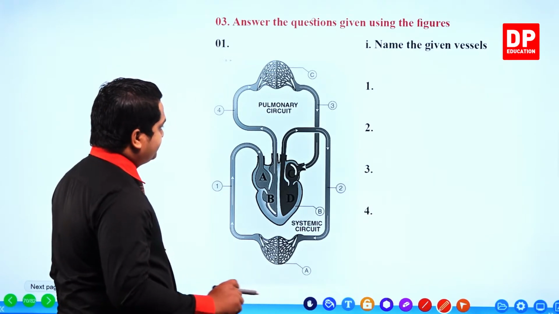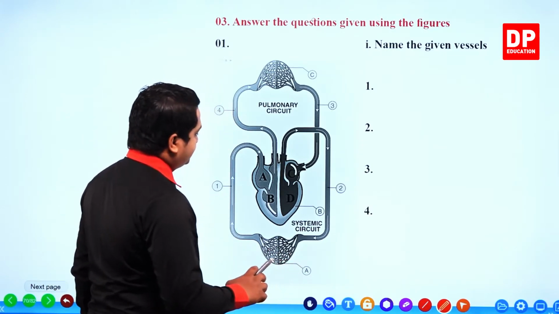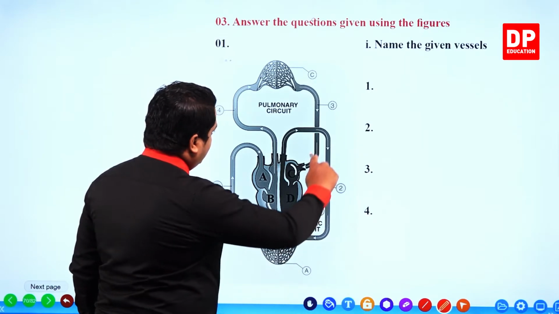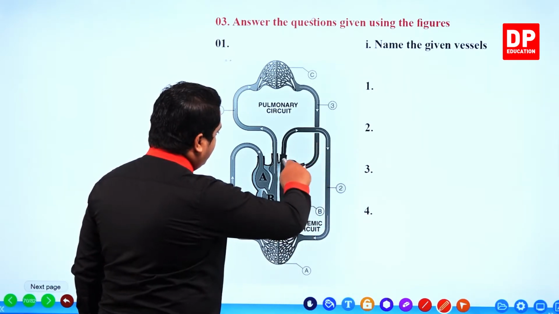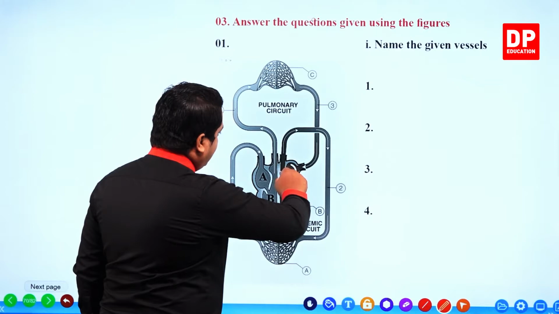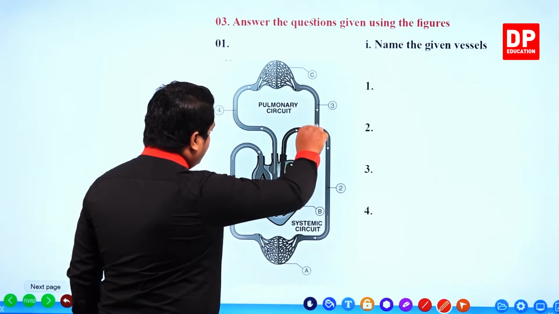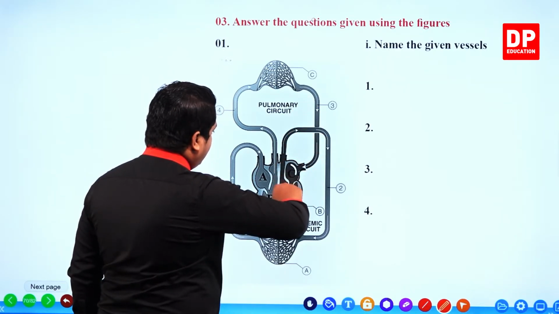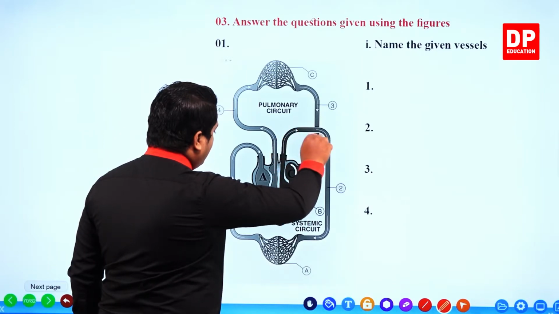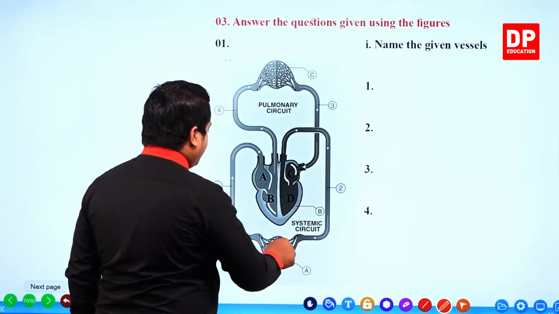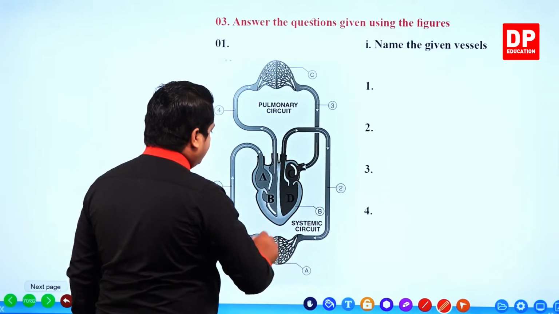So, first of all, this chamber is coming towards the heart and pumping blood towards the organs. Okay.